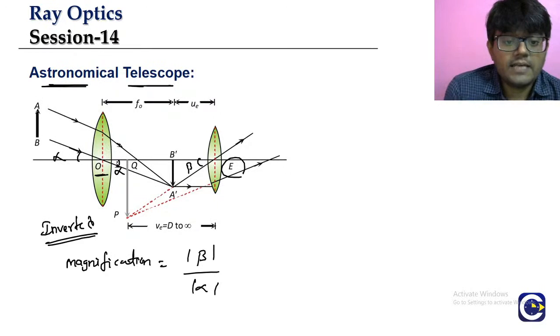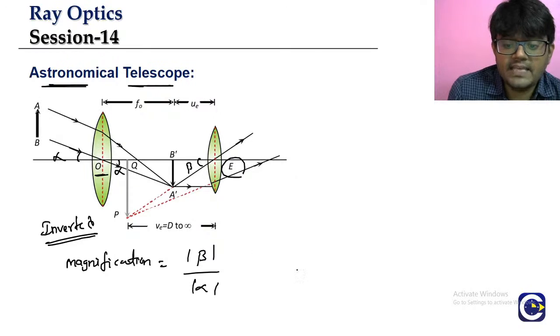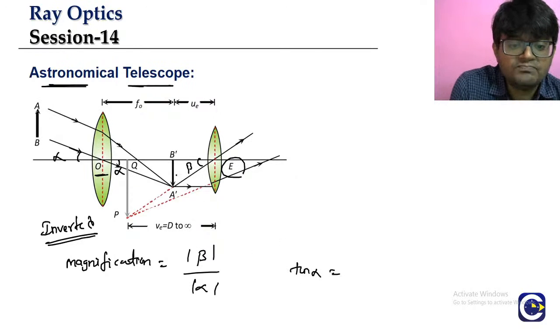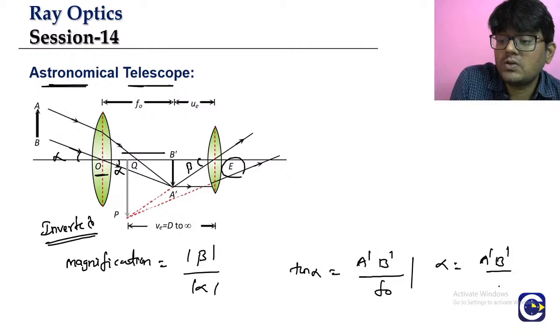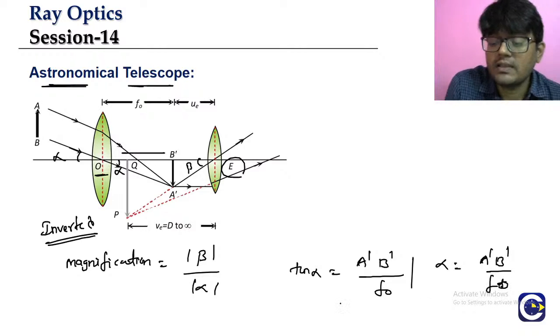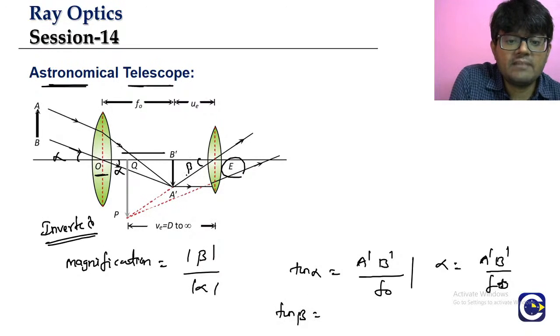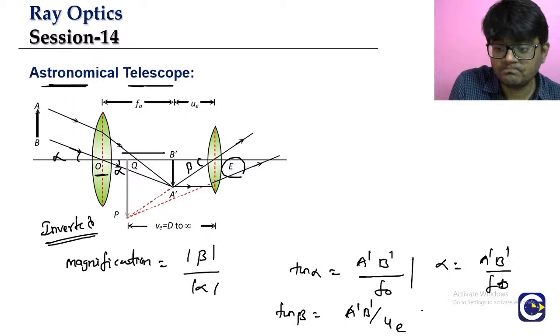Okay. So look at this alpha value. Again same, tan alpha will be what? A dash B dash by FO. So for small angles, tan alpha will be taken as close to alpha. Okay. Then what is tan beta? A dash B dash by UE.